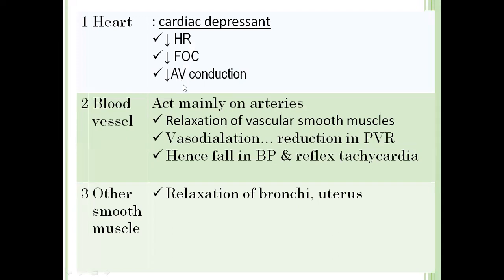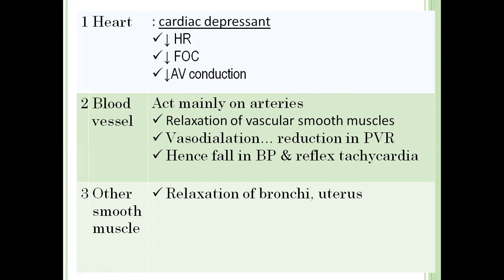Calcium channel blockers also act on vascular smooth muscles. They mainly act on arteries. Reduced level of calcium will lead to reduced contraction, so that will lead to relaxation of vascular smooth muscles.